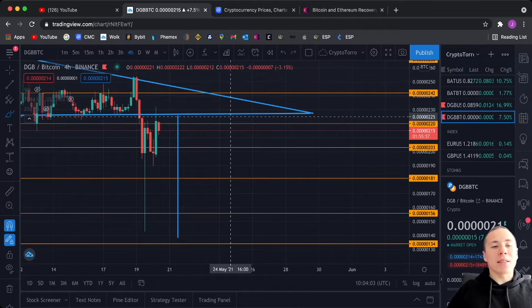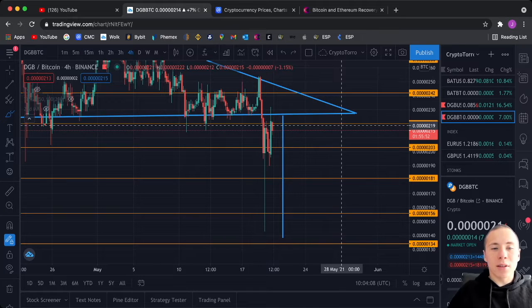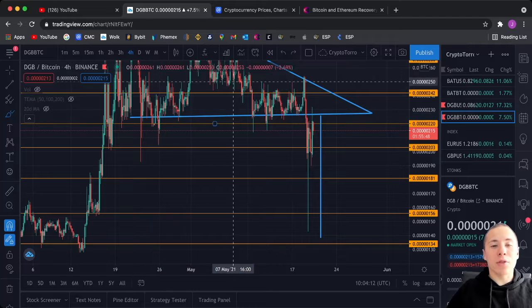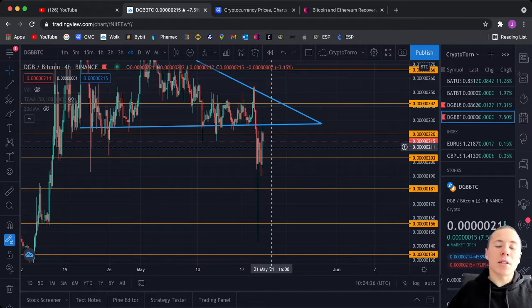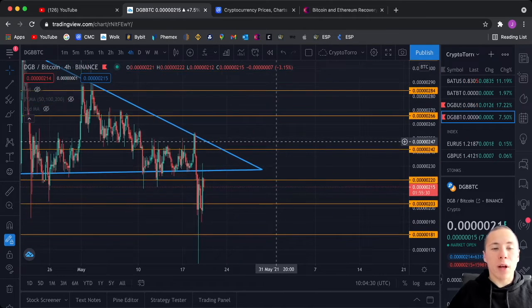And I personally think that's great news, because if it re-enters this horizontal level of support where we had several touch points in the past, as I showed you before, that would be amazing news for Digibyte, especially because compared to Bitcoin, it would be performing very, very well.